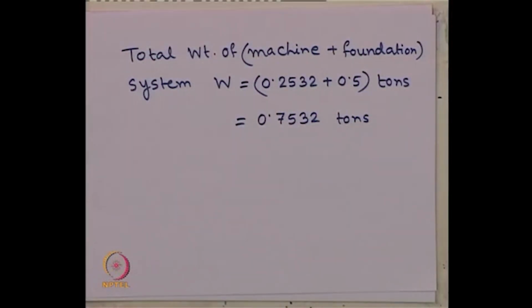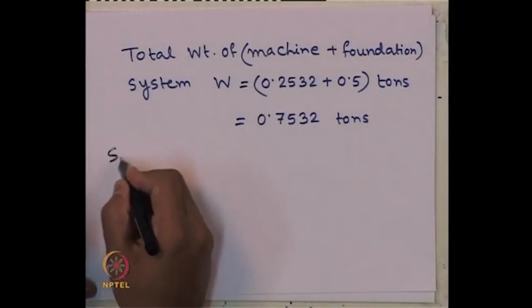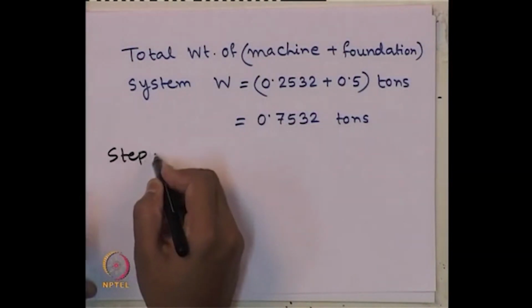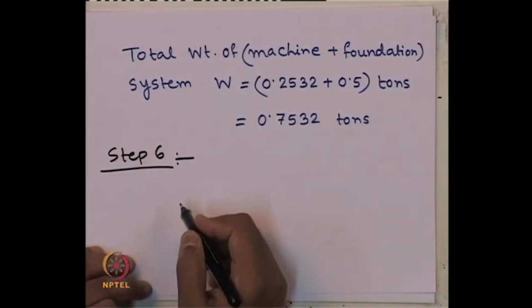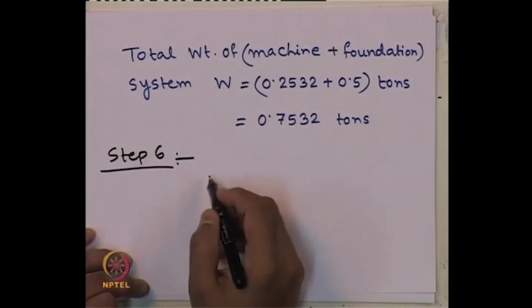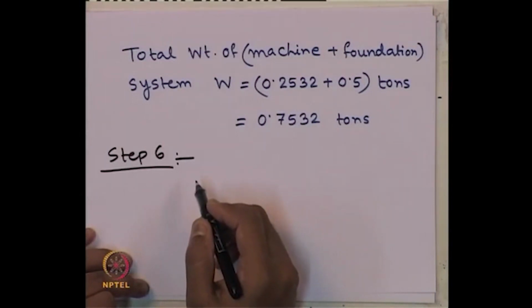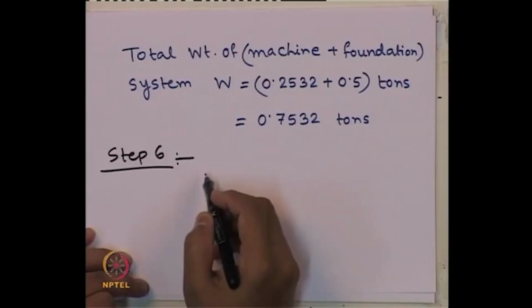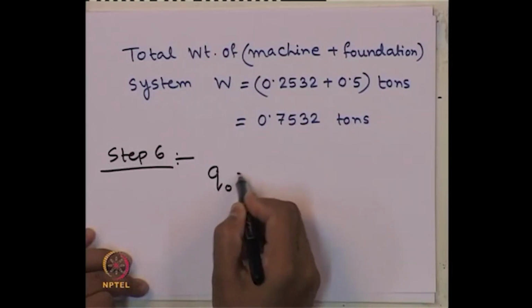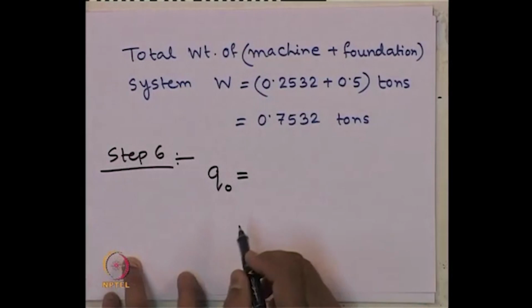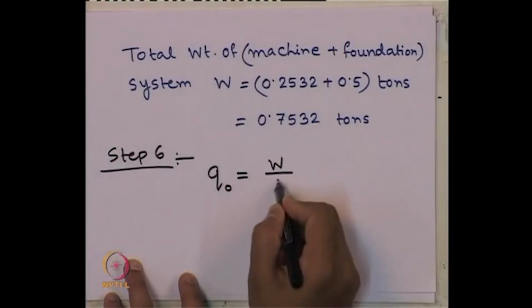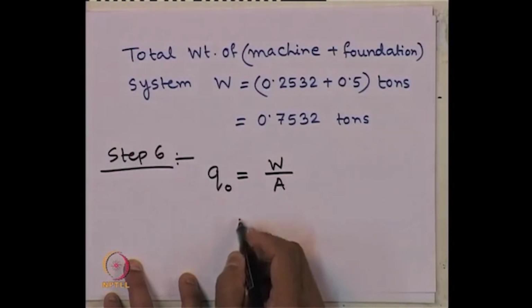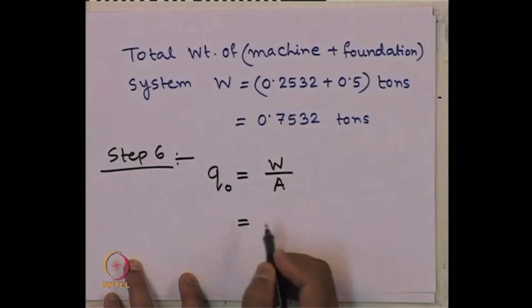Now, in the next step, step 6, what it says? Compute the uniform bearing pressure below the footing, that is Q naught as per the nomenclature of Tschebotarioff's reduced natural frequency method, that is W by A in ton per feet square unit.